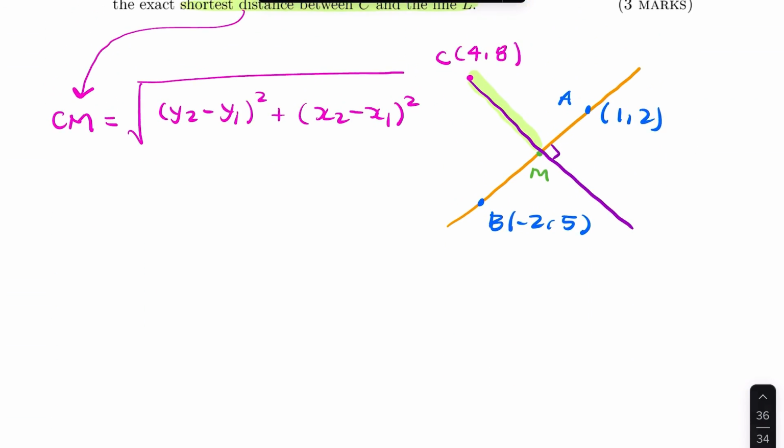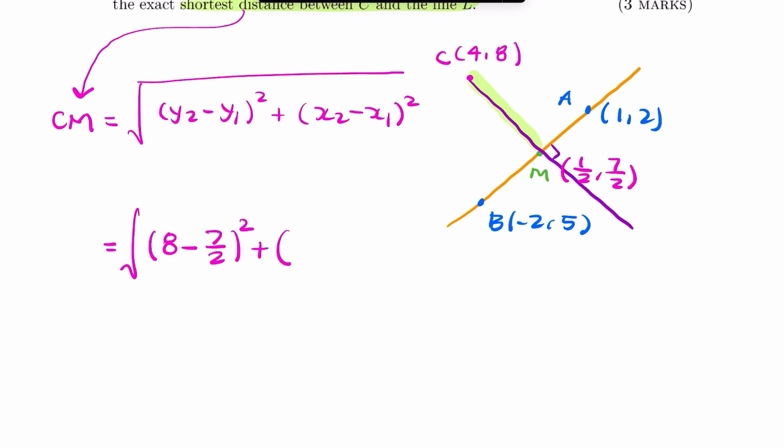So I'll just write that here. M is (1/2, 7/2). So the distance is the square root of 8 minus 7/2 squared plus 4 minus 1/2 squared.